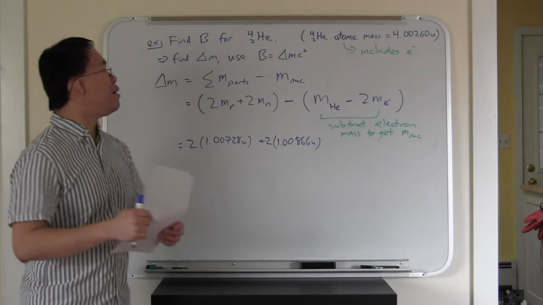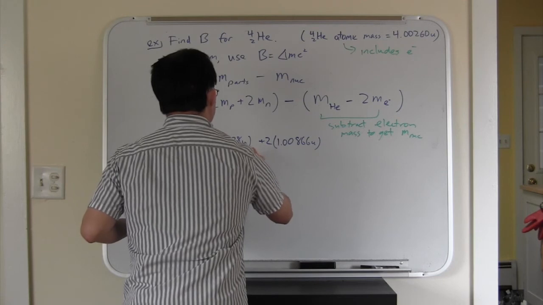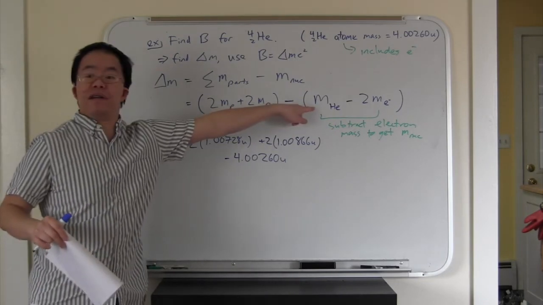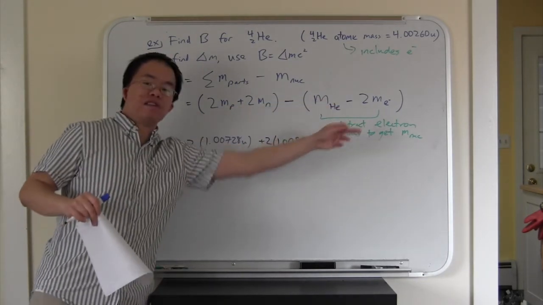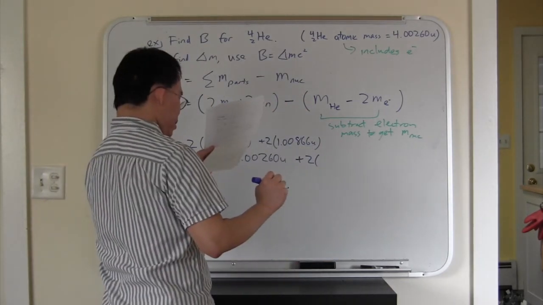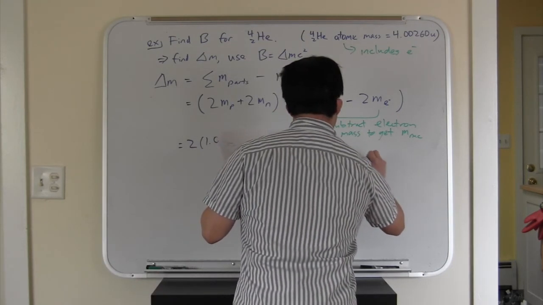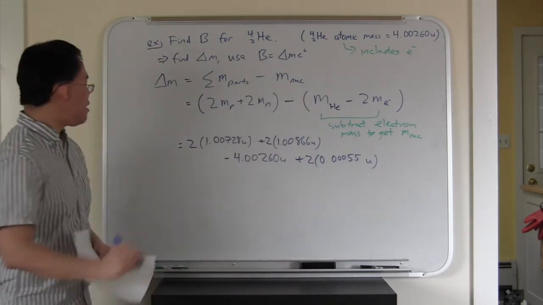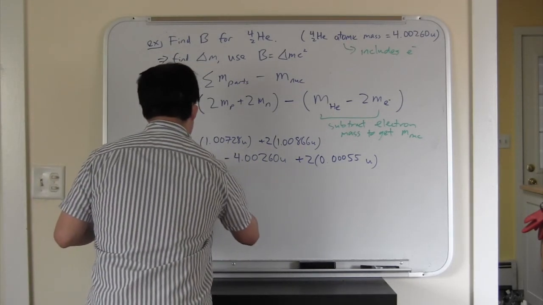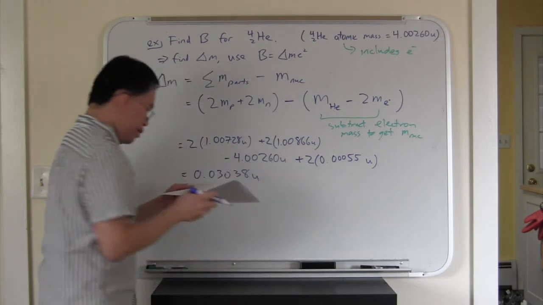Then I subtract off the helium atomic mass, minus 4.0026 u. And then I have a minus, so that's a plus, actually, 2 times the mass of an electron, 0.00055 unified mass units. Plug and chug, and I get delta m equals 0.03038 unified mass units.